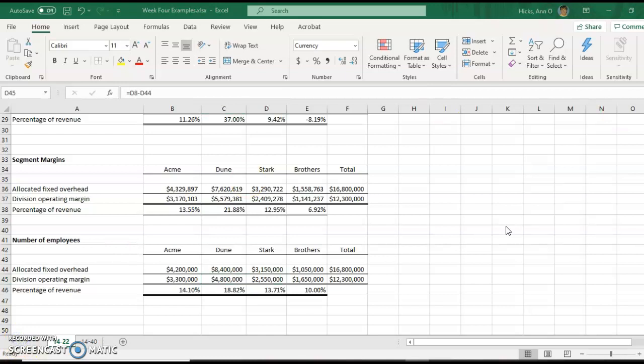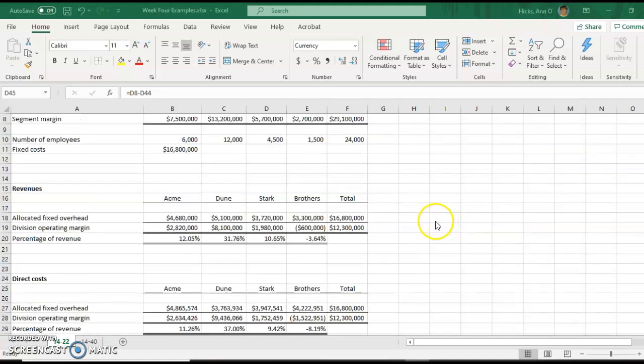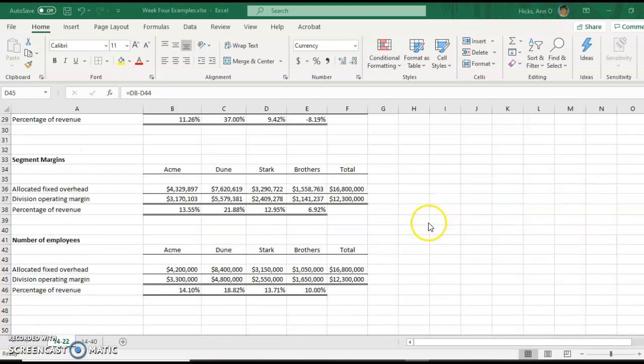in this scenario, Brothers is making out really well because in the overall scheme of things, they don't have that many employees. So if the allocation of fixed overhead is going to be based on number of employees, Brothers is going to be happy. That is what's best for them in terms of profitability.